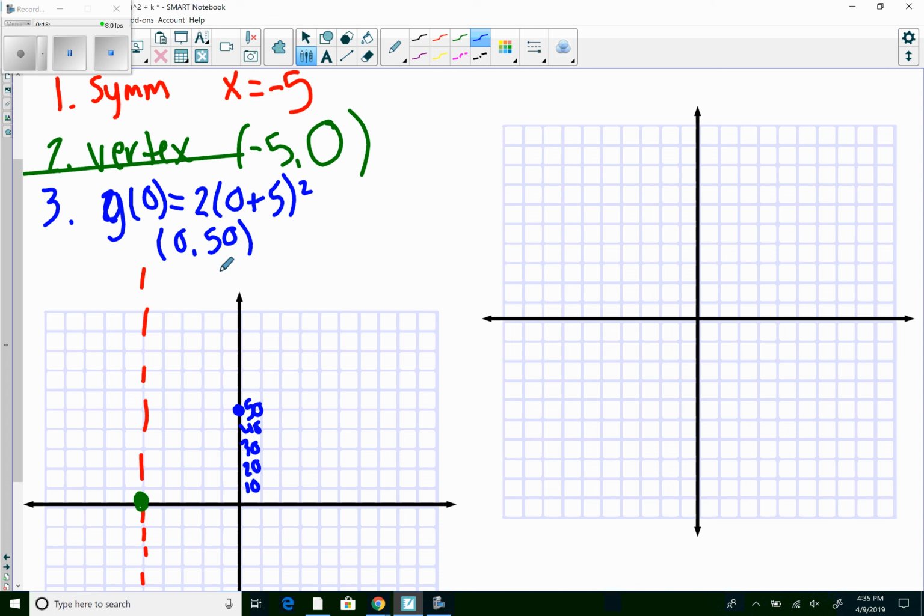Now we can find that second point. That's 5 to the left. Excuse me, 5 to the right. So we're going to go 1, 2, 3, 4, 5 to the left. You're probably going to have to adjust your graph on your paper. But this is just a super, super, super wide one.